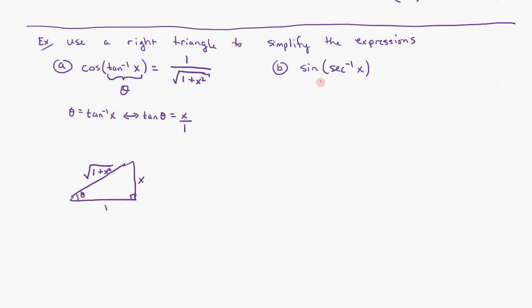So let's look at another example, see how we do this again. Again, computing the inverse secant will produce an angle theta. So secant inverse of x is equal to theta. That means we're looking for the angle theta such that if you compute the secant, you get back x. So we draw our right triangle.